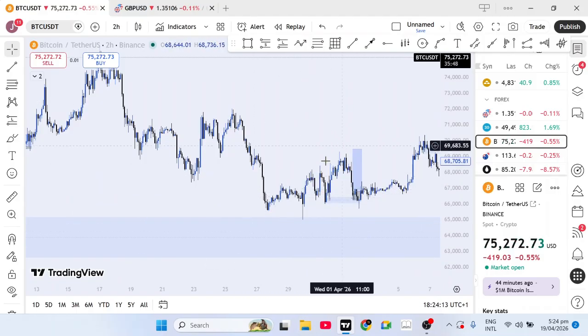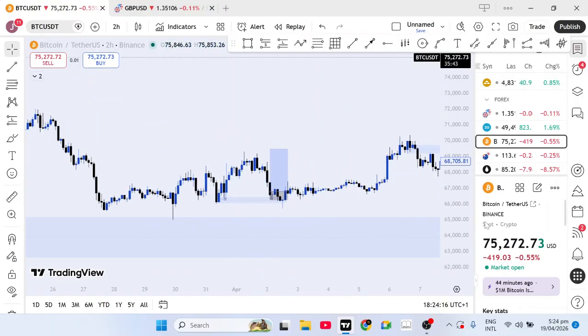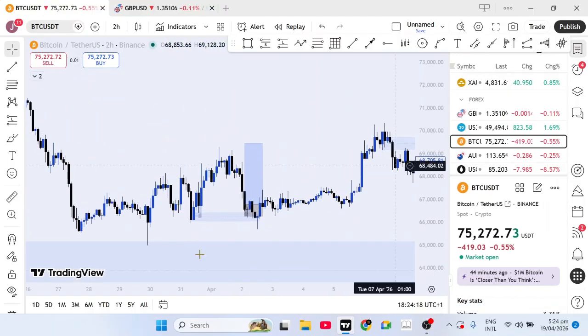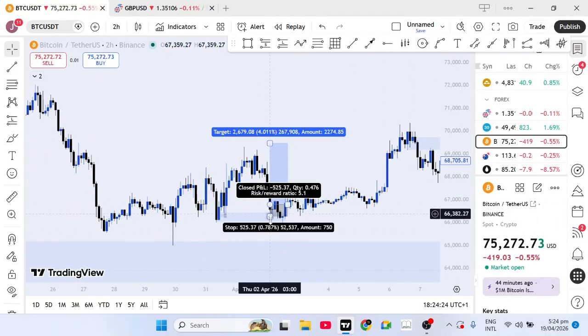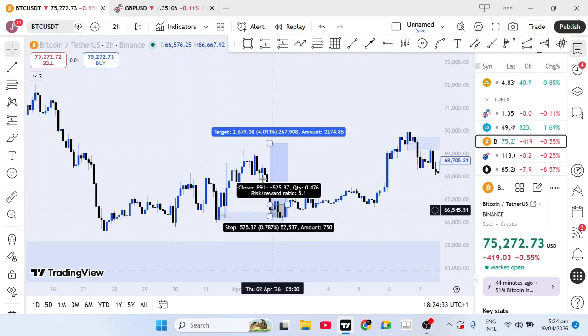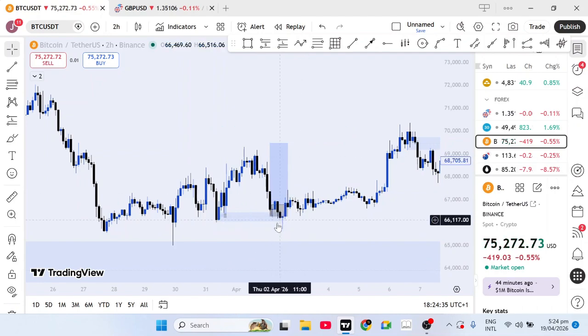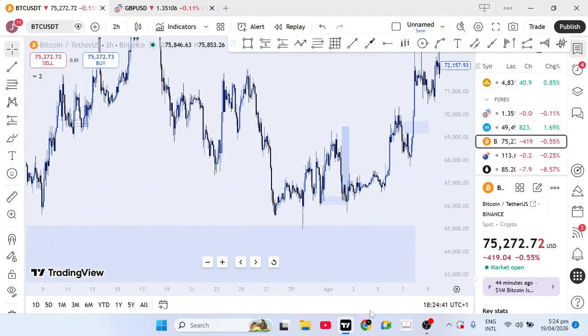After this break, I was waiting patiently down here for price to return, then I'll enter for the buys or the longs right from this other block. That's exactly what I did. It came here. I think I didn't set a limit order, so I entered after this candle printed, set my stops right there, and as you can see, price took me out, and after that it went to full take profit and even created more highs.